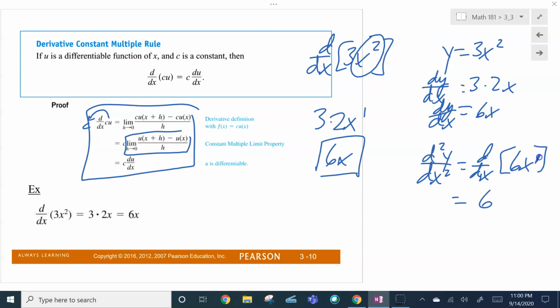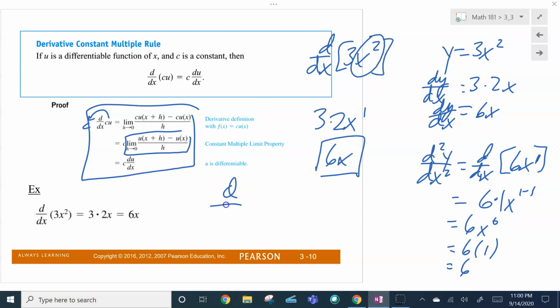Now this is x to the 1 power, so it'll be 1 x to the 1 minus 1. So 6 x to the 0. Anything to the 0 is just 1. So this is just 6.